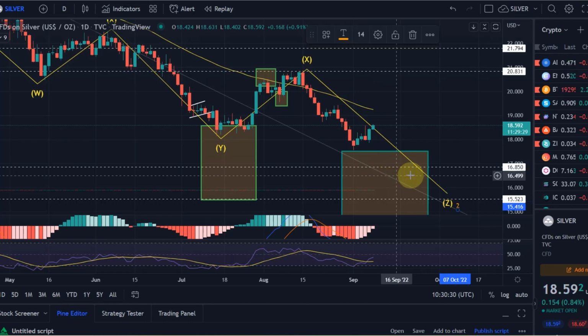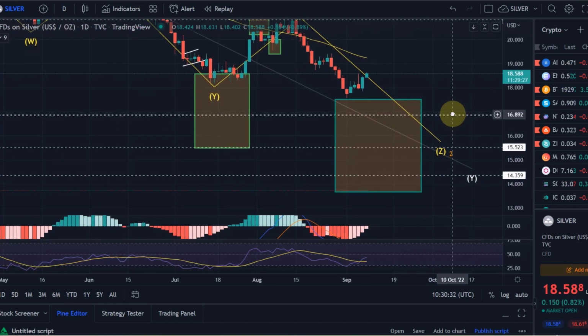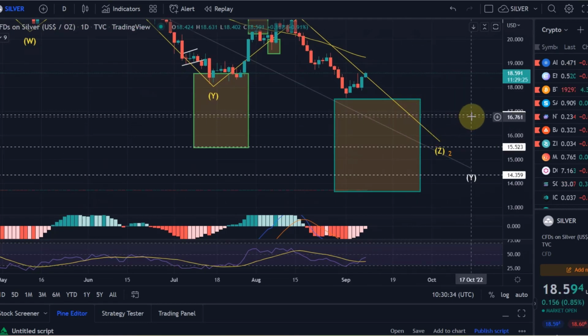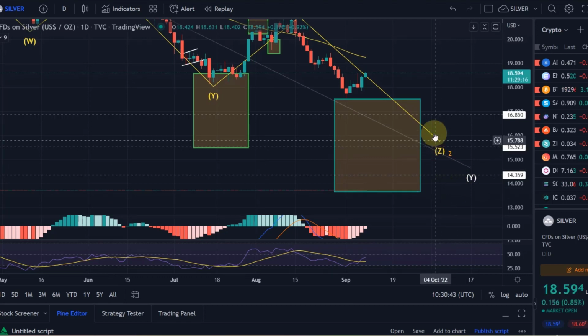But even if we see lower lows, what are the 3 targets? We're looking here at 16.85, 15.52 and 14.35. Could potentially go down to 13.67, but I don't primarily see it that low.